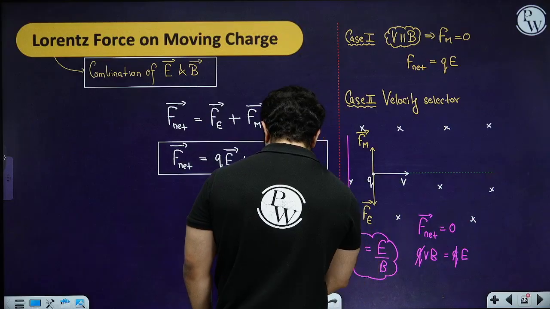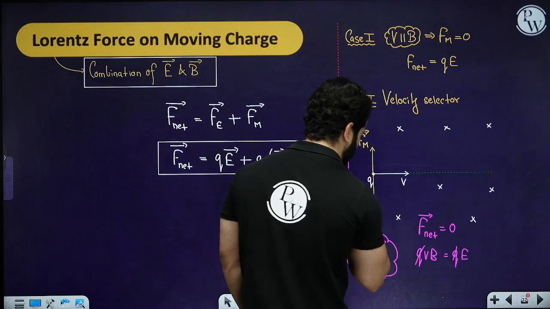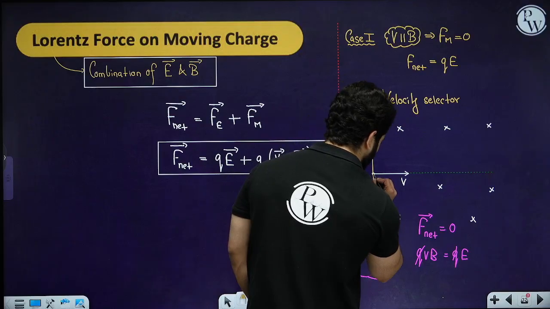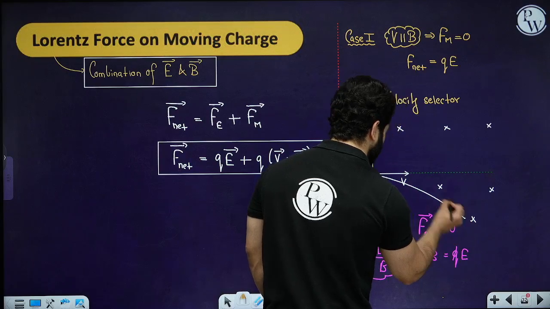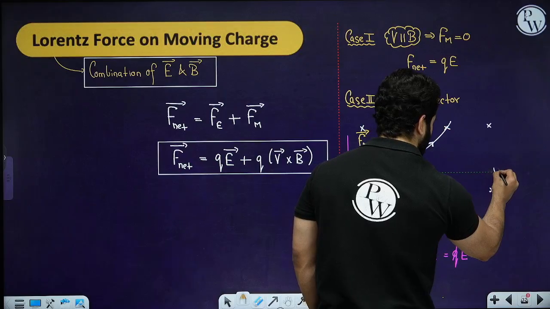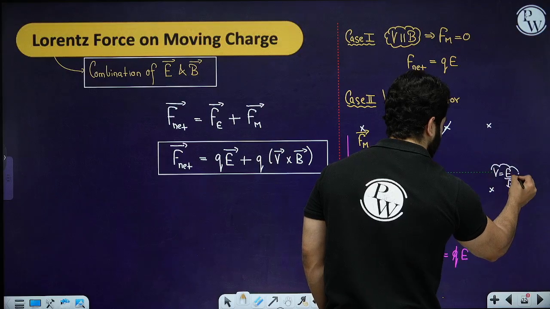Those with more velocity will move in this direction, those with less velocity will move in this direction, and those with exactly V equals E by B will move undeviated.